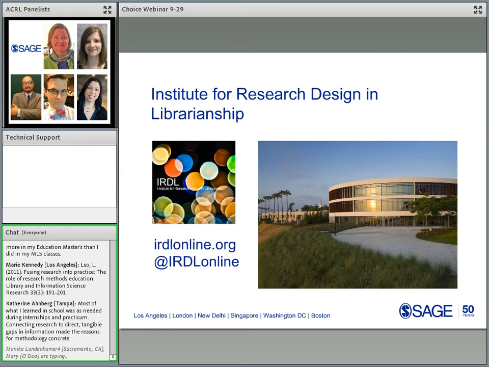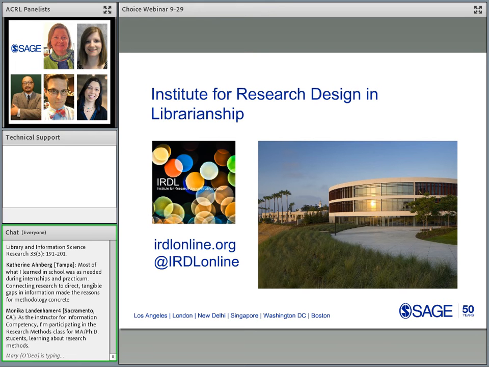So what we decided to do with our findings was to design an immersive learning experience for practicing librarians that would teach the components of research design, which would hopefully increase confidence in conducting research, as well as building a social network of like-minded peers.